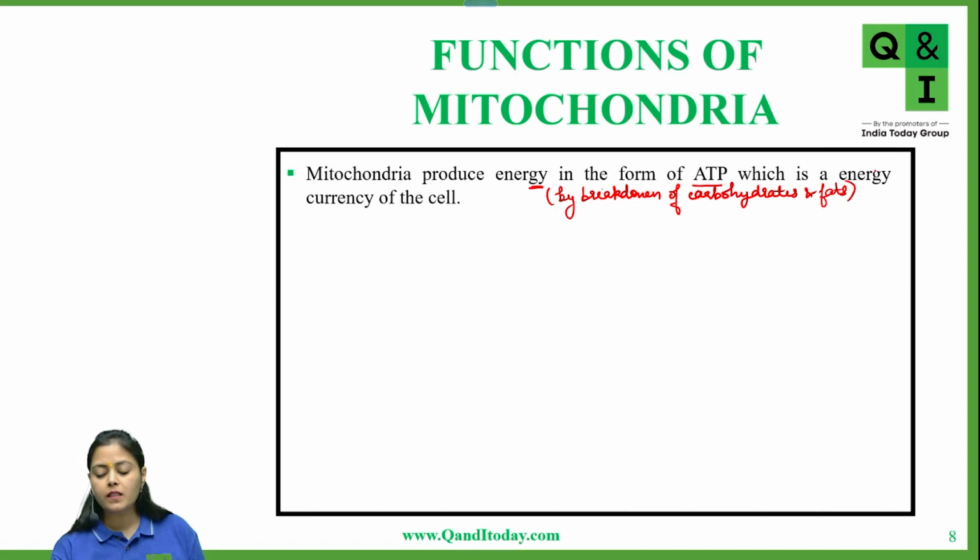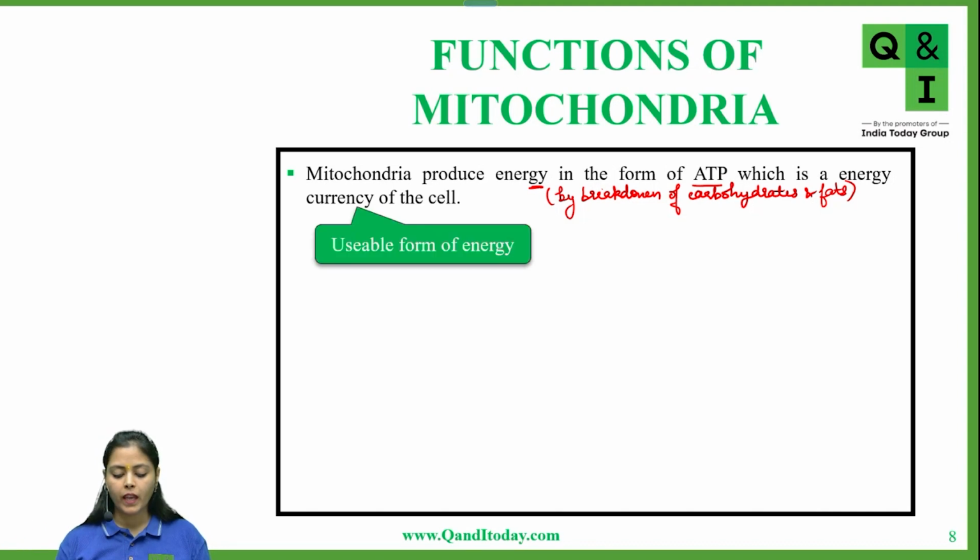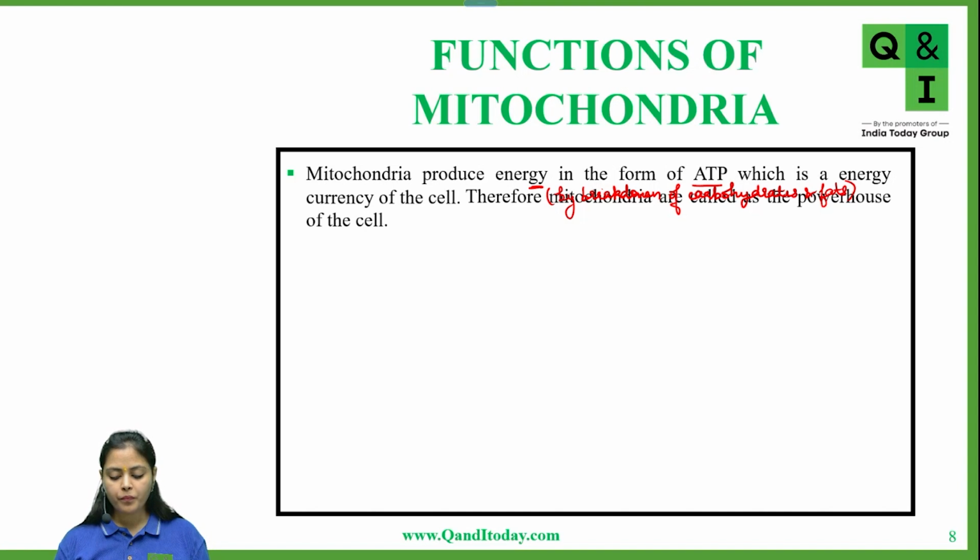And you consume these carbohydrates and fats in your diet. Whatever carbohydrates and fats you are consuming in your daily food will be converted into ATP by the mitochondria of the cell. And this ATP is the usable form of energy.